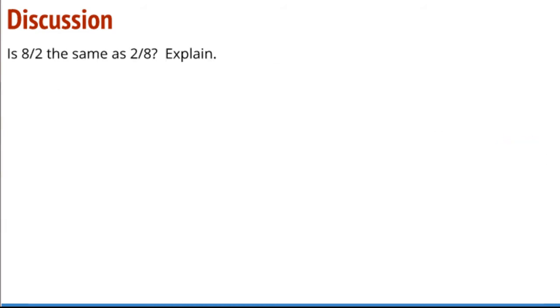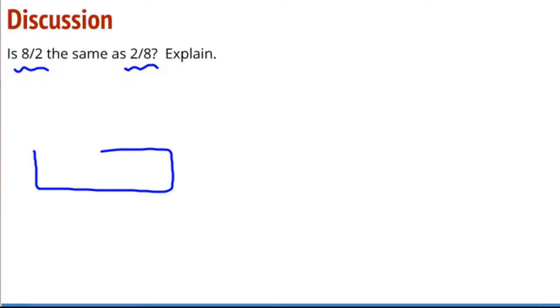Before we go too far, we need to stop and think about the meaning of the parts of division. And to help us with that, we're going to pose the question, is 8 divided by 2 the same as 2 divided by 8? Now, hopefully your brain is screaming at you, no, that is not the same. But just in case your brain isn't saying that to you, let's take a quick look at some models here.